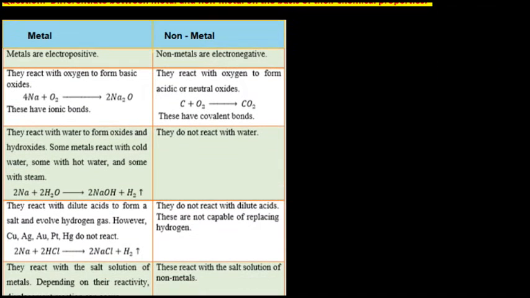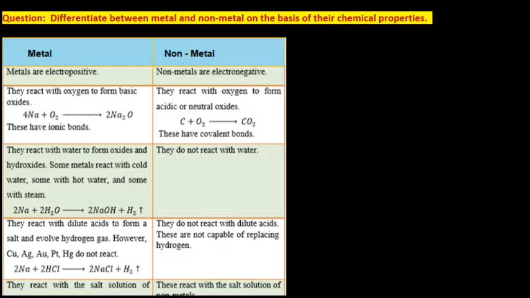Next question, differentiate between metals and nonmetals on the basis of their chemical properties. First, metals are electropositive, nonmetals are electronegative. Metal reacts with oxygen to give basic oxides. 4Na plus O2 gives 2Na2O. Nonmetals react with oxygen to form acidic or neutral oxides.